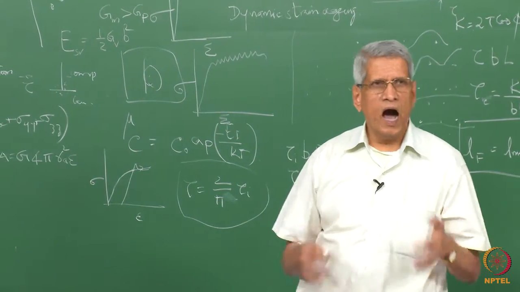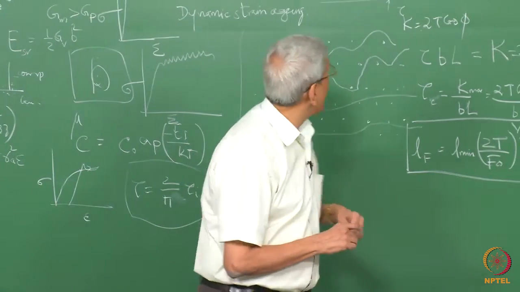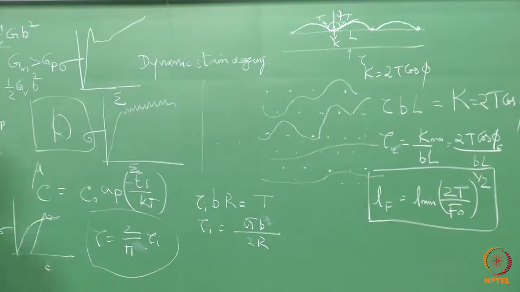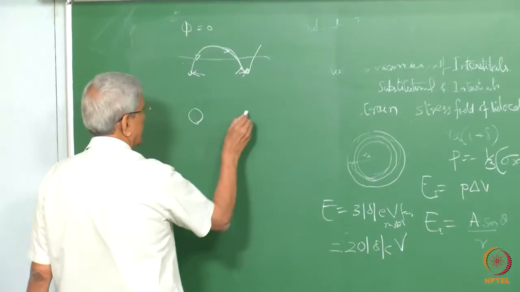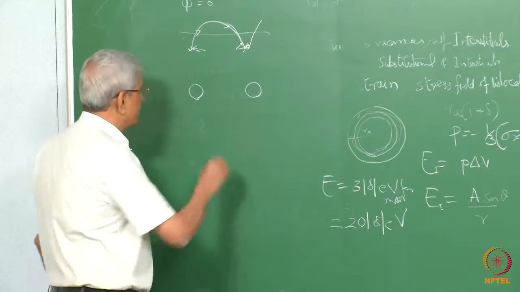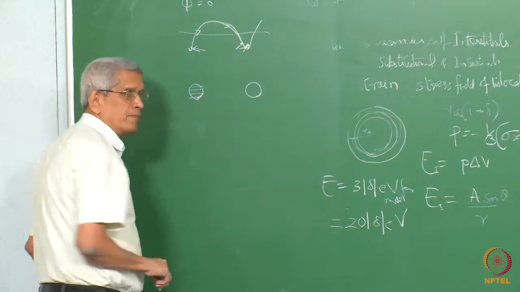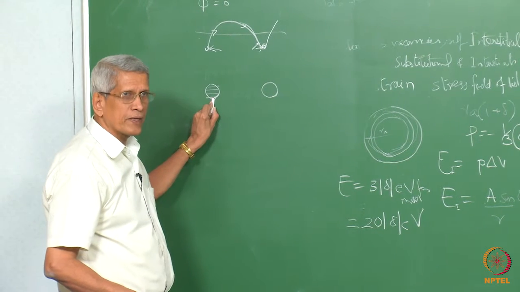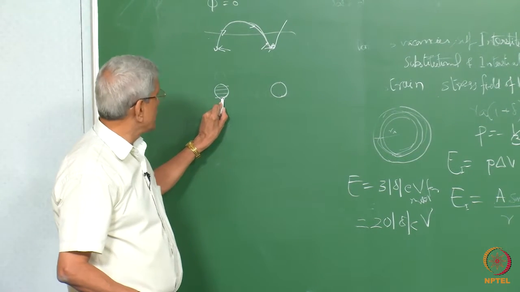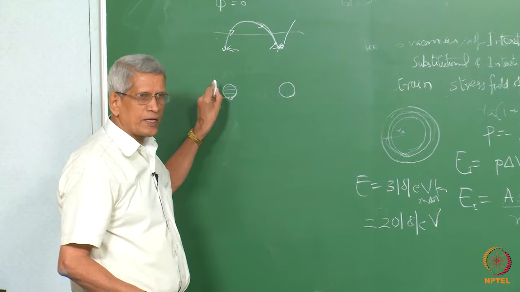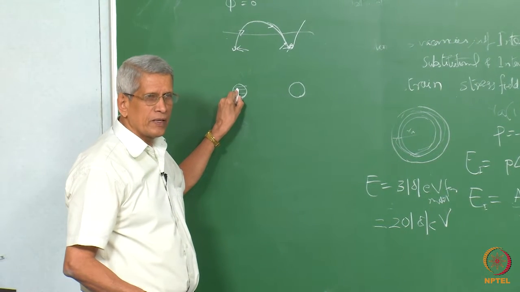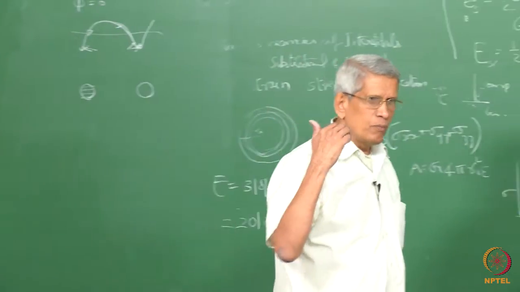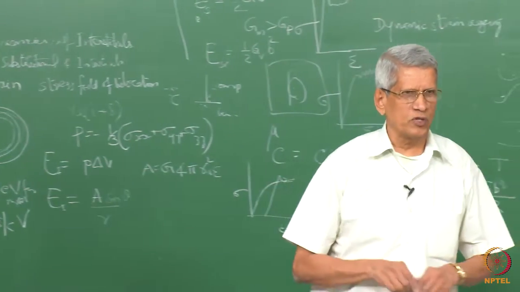Then the other is order hardening. Suppose these are large particles and they are ordered. Then as the dislocation comes and touches here, even if the crystal structure and lattice parameter remain the same, as the first dislocation moves, it moves atoms from the right position to the wrong position.